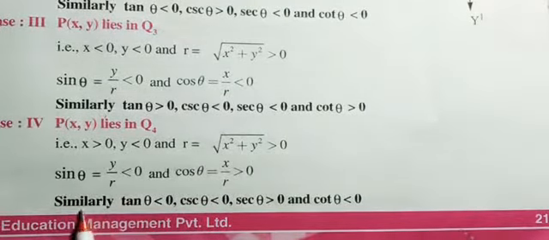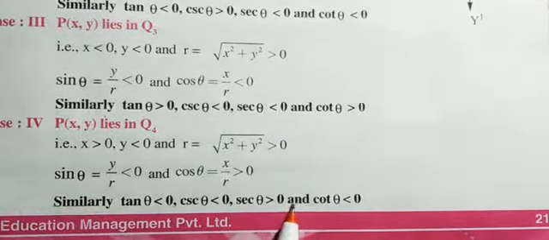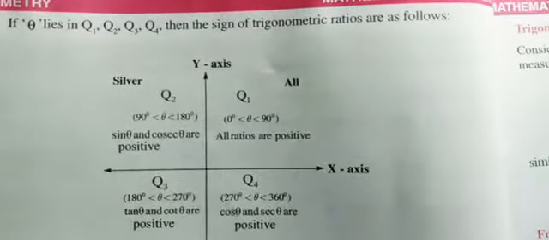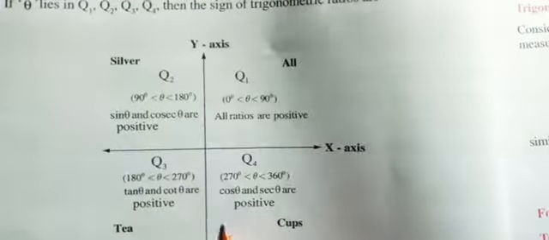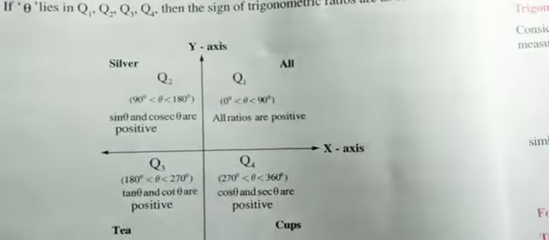Similarly, tan theta is less than 0 and cosec theta less than 0, sec theta greater than 0, and cot theta less than 0. Now here, if theta lies in Q1, here Q1, Q2, Q3, Q4 are defined.